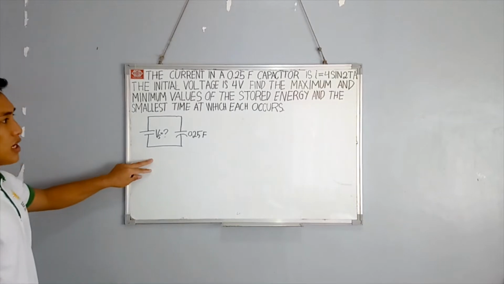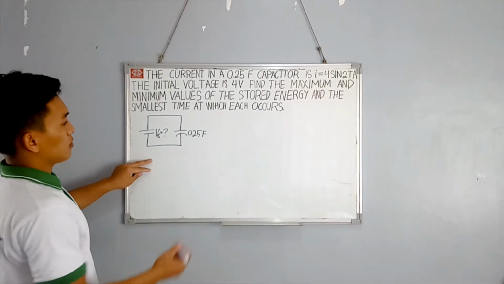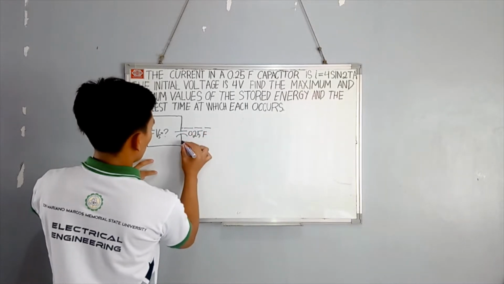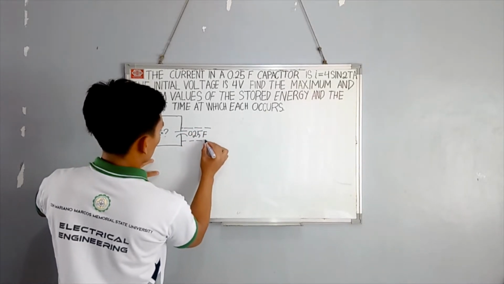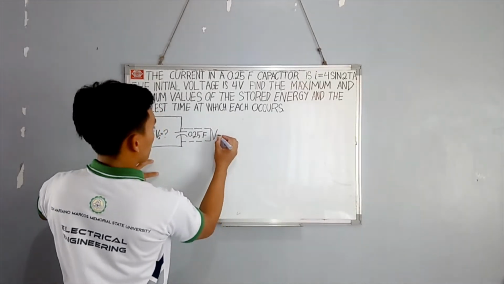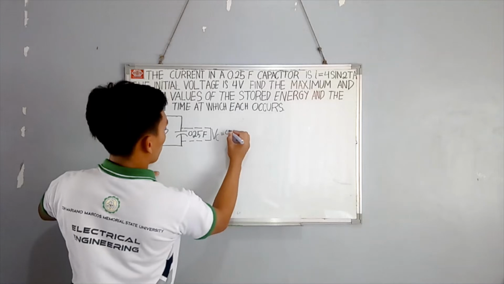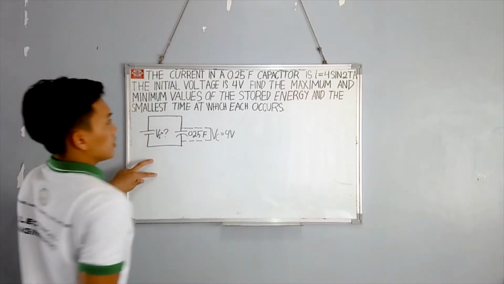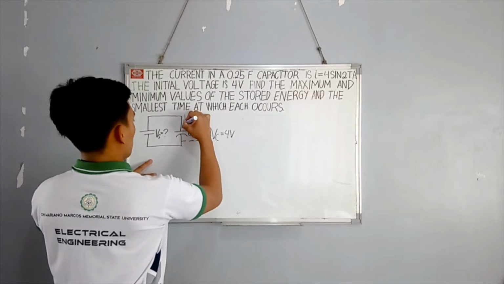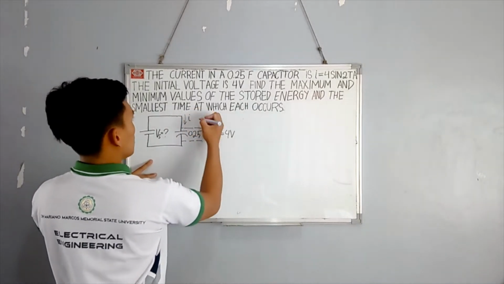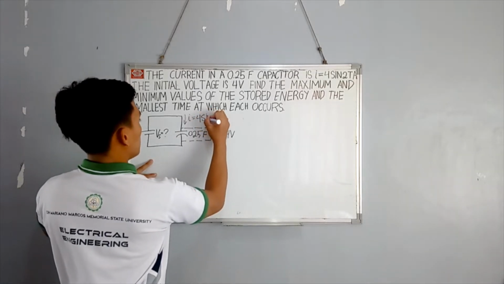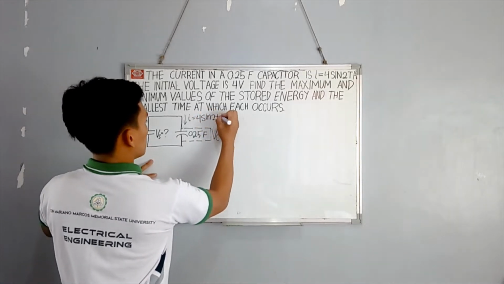The voltage in the capacitor is 4 volts. The current that is running in our capacitor is i = 4 sin 2t.